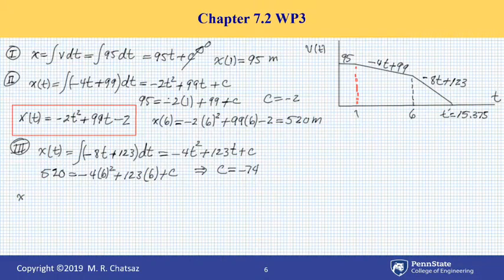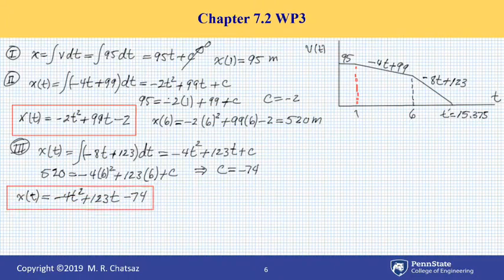Therefore, x as a function of t for this part of motion is minus 4t squared plus 123t minus 74. So that is the last equation for position x. Now the question was, what is the total distance traveled?